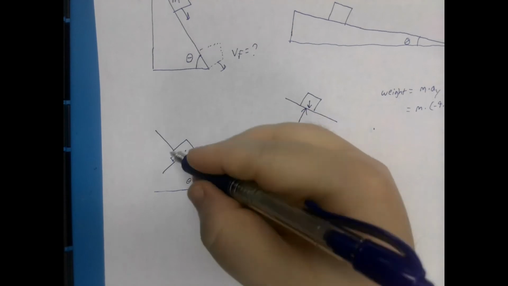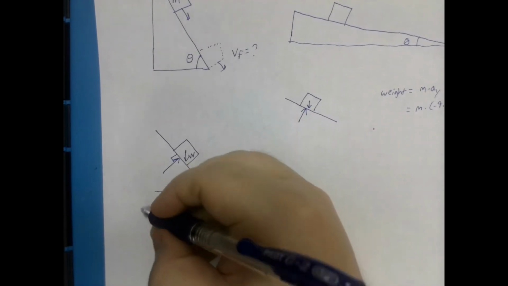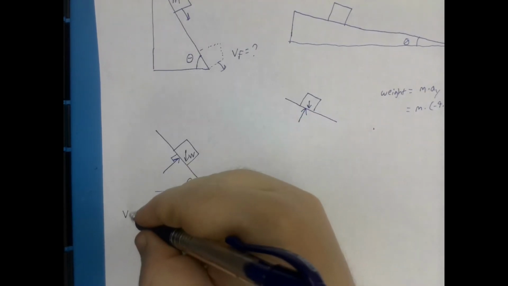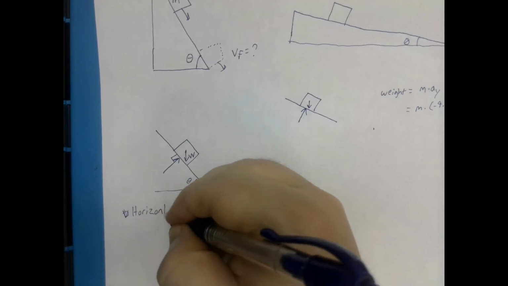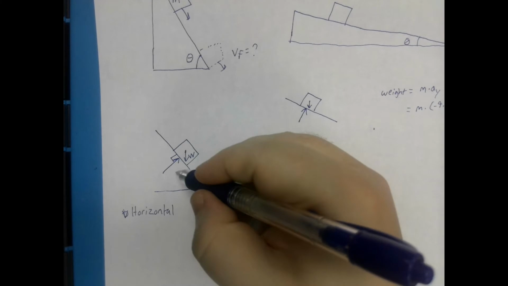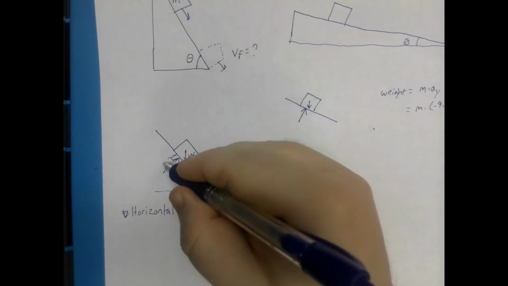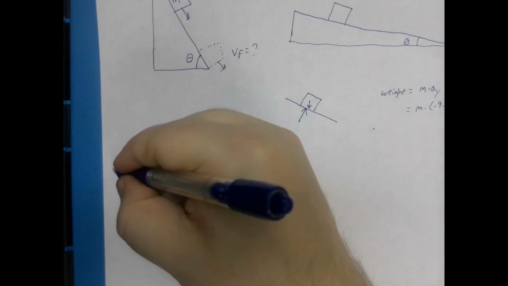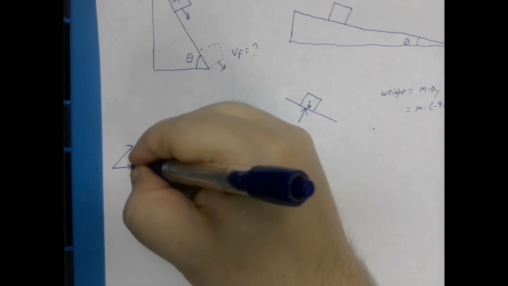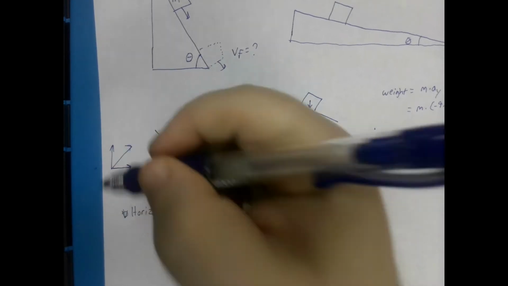So we're going to have vertical forces. Let's do horizontal first. So horizontal. So this force right here, this upward force, has a horizontal component and a vertical component.